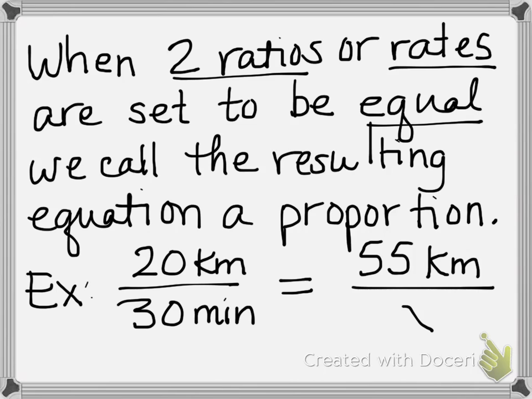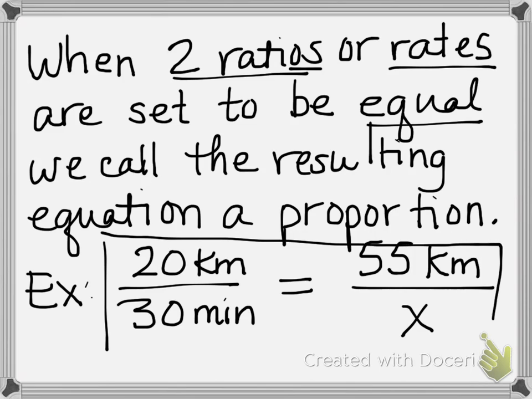But you have these two fractions that are equal to each other, these two ratios, and so that whole thing is called a proportion. You're comparing two different ratios, and you're setting them equal, so they're equivalent, even though the numbers are a little different. They still represent the same rate or ratio.